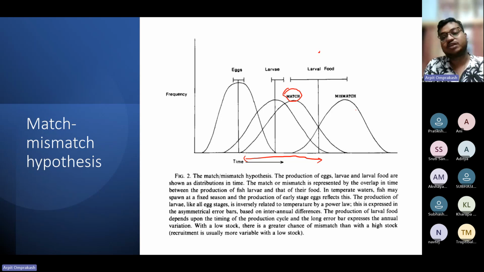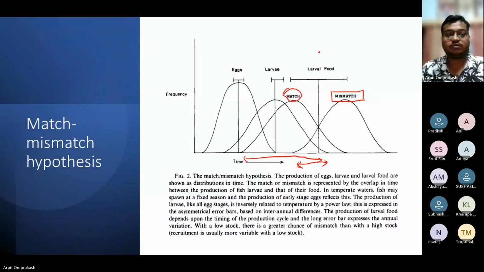Whereas if we have a mismatch where the larval food is coming up after a significantly long time of the larvae being produced, we'll see that there's only a small amount of overlap between these two, right, which is given by this. So the population of fish, if there's a mismatch, will be lower than the population of fish when there's a match between these two phenomena.